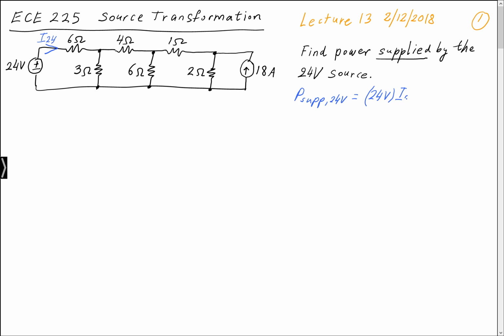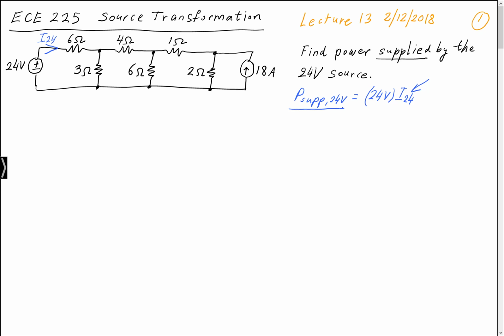So that's basically I-24. If we find I-24, we really would have found the power supplied. So this problem breaks down into just finding I-24.